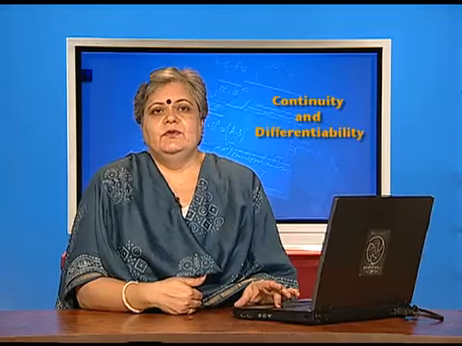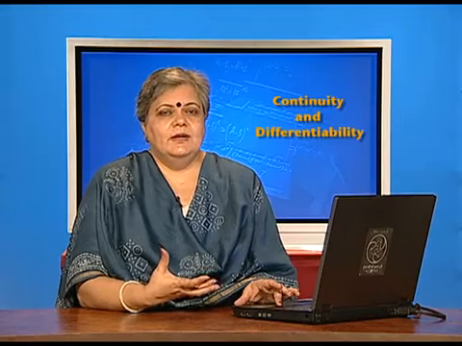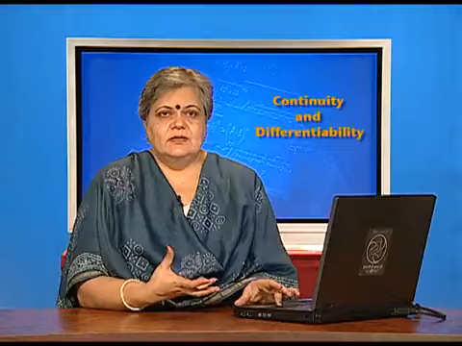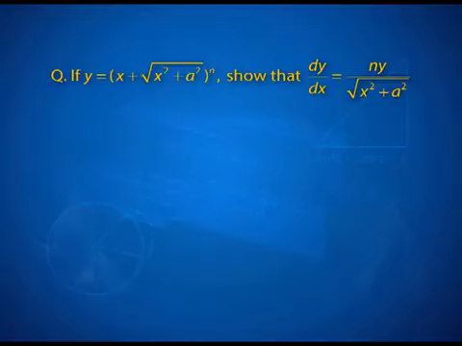Let us take a question where we have a little more complex composition. Here the question is, if y is equal to x plus root of x square plus a squared, raised to the power n, show that dy by dx is n times y by under root of x squared plus a square.